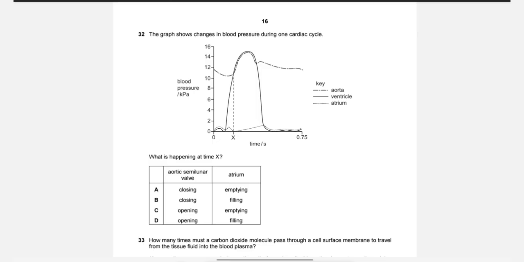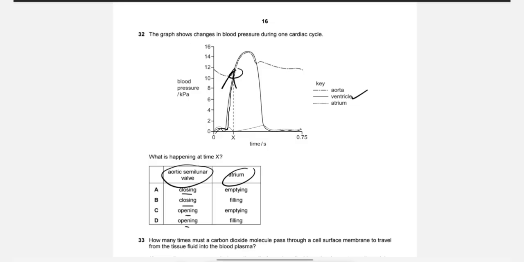For number 32, it says the graph shows changes in blood pressure during one cardiac cycle. The question asks what is happening at time X in terms of the aortic semilunar valve and the atrium. So we need to determine whether the aortic semilunar valve is opening or closing at point X. You can see that ventricular pressure is increasing.